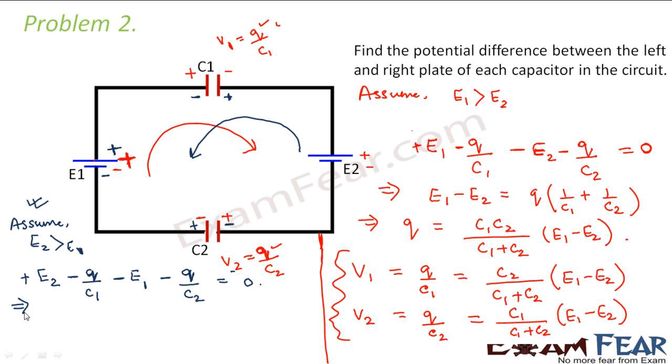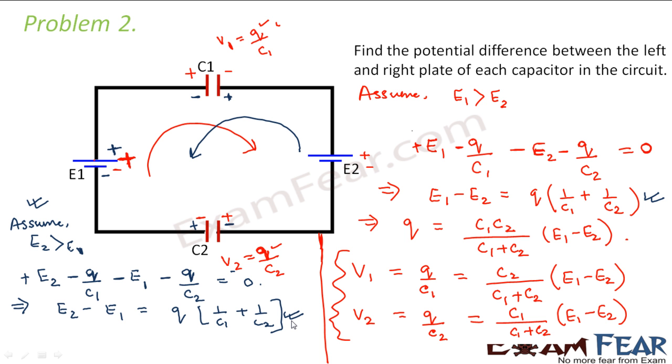Therefore, E2 minus E1 is equal to Q into 1 by C1 plus 1 by C2. Isn't this the same as the earlier equation? Yes, these two equations are the same. That means even if we assume the opposite direction of current, we still get the same thing as long as we put the signs correctly.